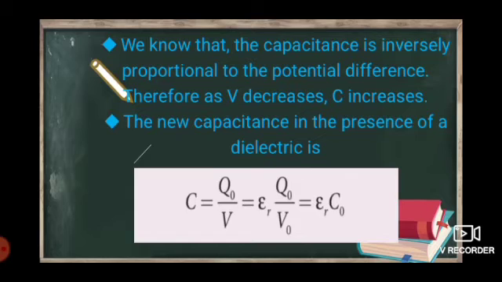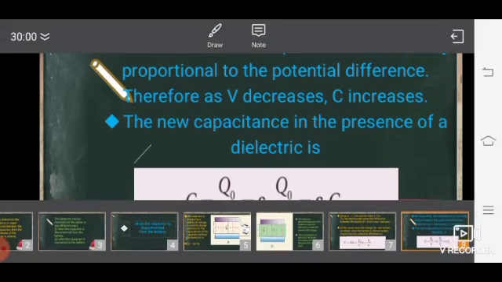So we can write C naught into epsilon r is equal to C. The new capacitance C is equal to epsilon r into C naught.